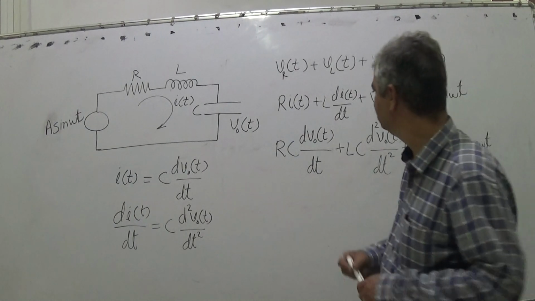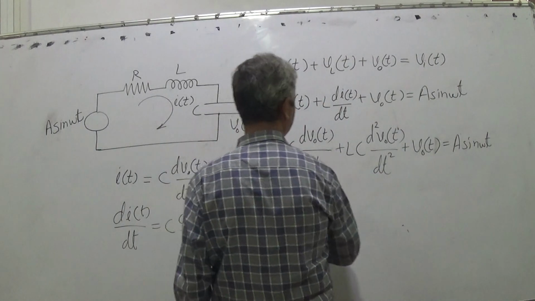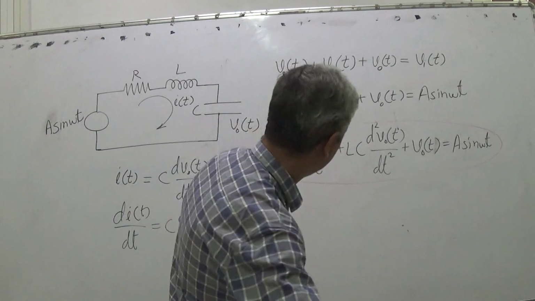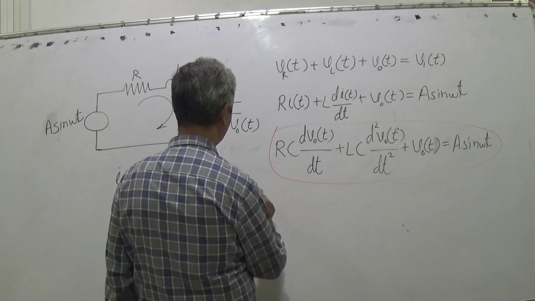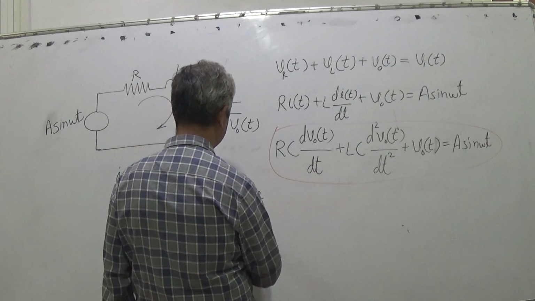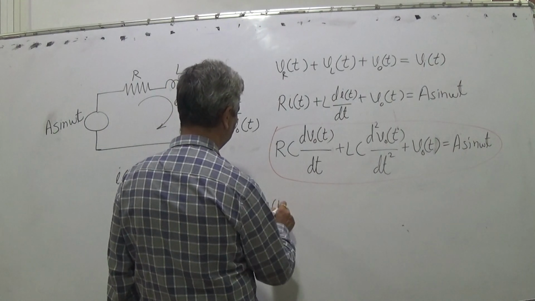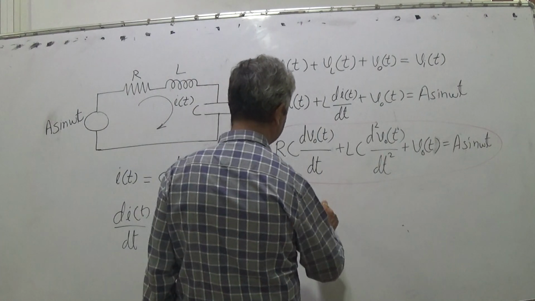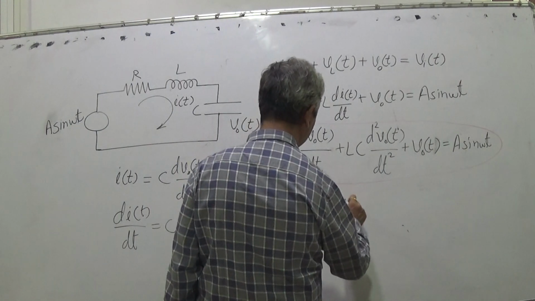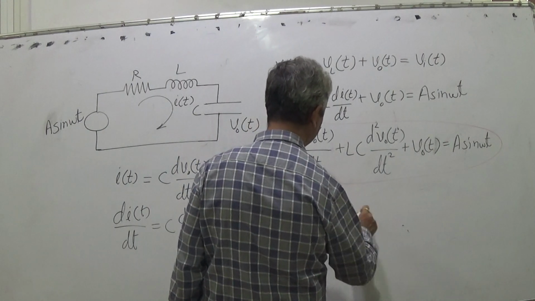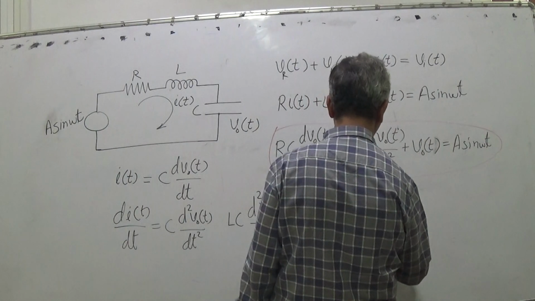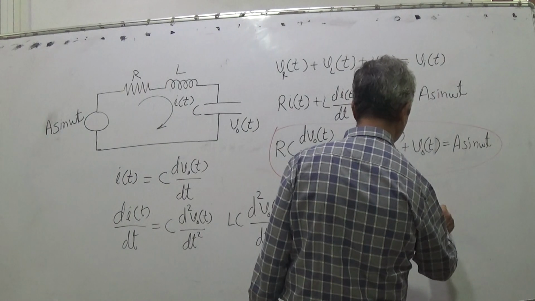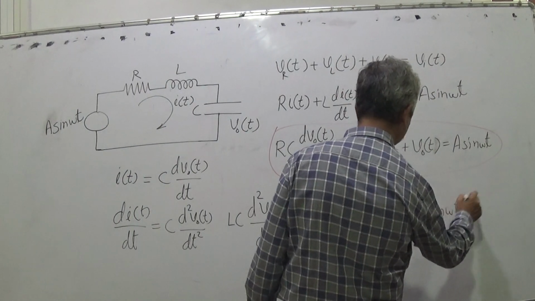Written in the standard form: LC d2Vo(t) upon dt square plus RC dVo(t) by dt plus Vo(t) equals A sin omega t.